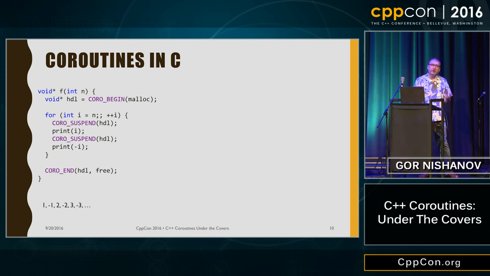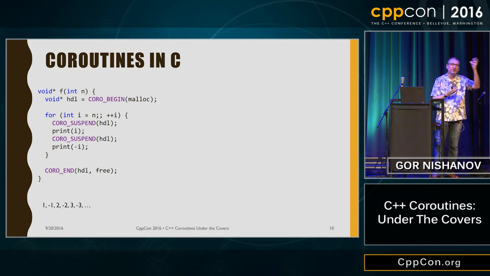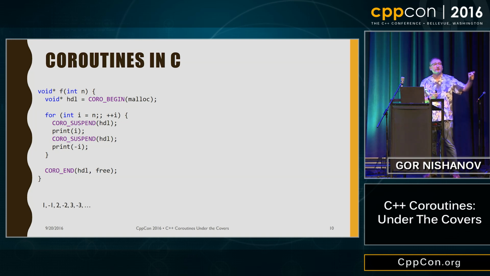And the coroutine will return me a handle to a coroutine frame somewhere, because there is some state which needs to be preserved when the coroutine is suspended. Then at the end, we have the appropriately named coro_end. And we will tell it, by the way, when you are done, use free to deallocate memory. And then we mark points where we would like the coroutine to get suspended. So we have 2 suspend points here.